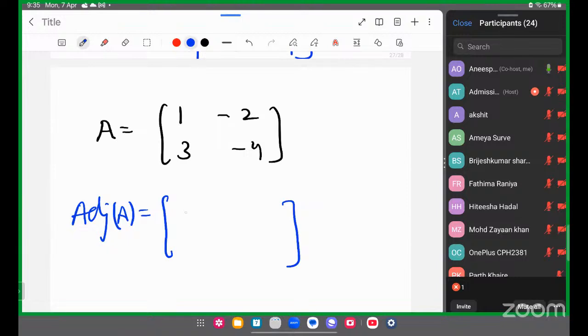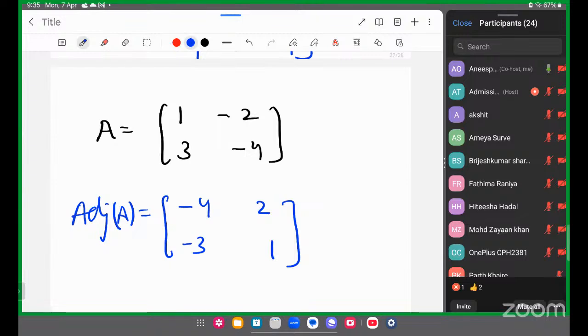So in place of 1, I will have minus 4. Minus 2 will be changed into 2. 3 will be minus 3. And in place of minus 4, I will have 1. This is the adjoint of a 2 into 2 order matrix. Understood or any doubt in it?